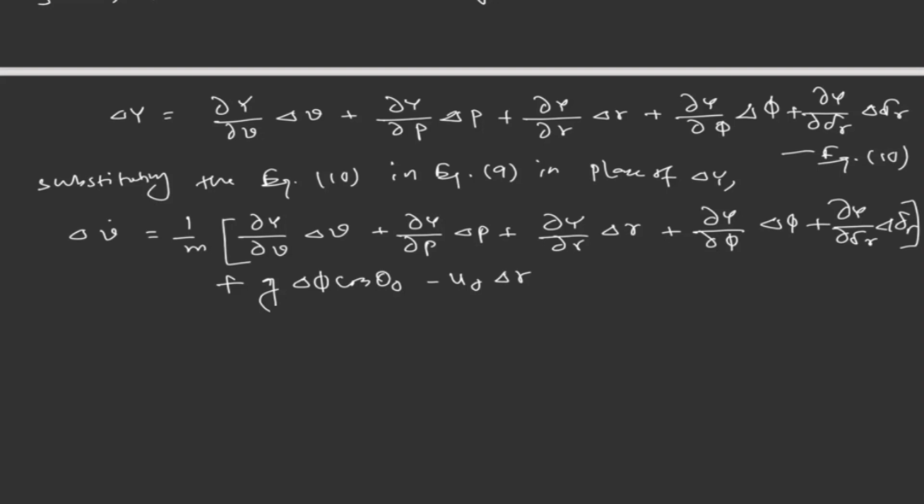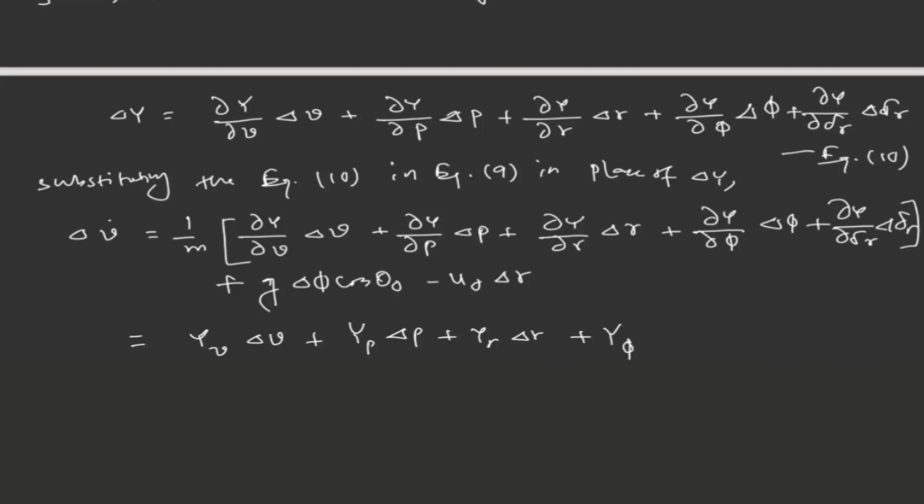along y direction. And this expression can be further simplified as yv delta v plus yp capital delta P plus yr delta r, the same way as you have done for the longitudinal motion of the aircraft in the linear form. The same thing we are doing here also.